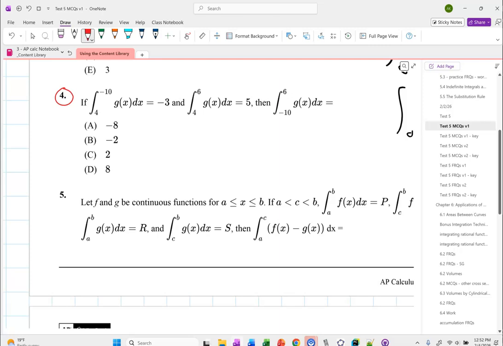You should be trying to do this also. So find a scratch sheet of paper or spot in your notebook or on your OneNote or whatever you want to scribble some stuff on. Take a look at that. And we'll go through this in a minute or so.